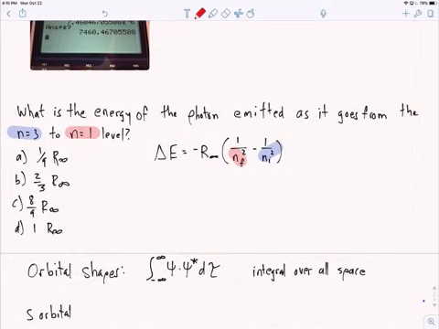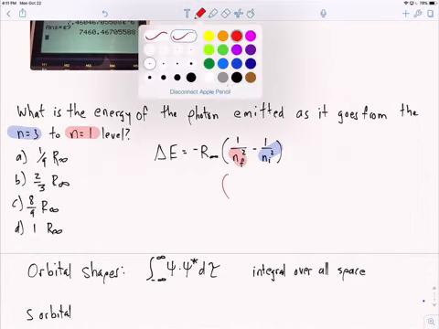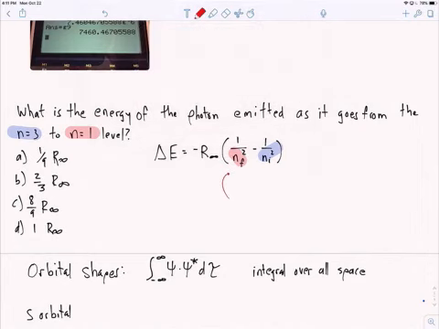What is the energy of a photon emitted as it goes from the n equals 3 to the n equals 1 level? What is 1 minus 1/9?